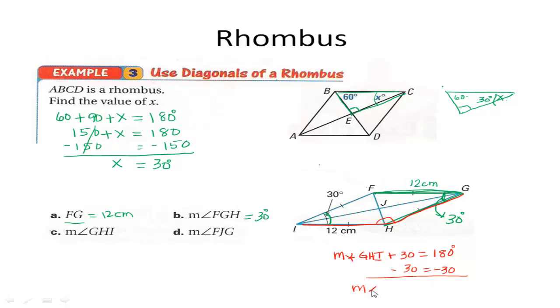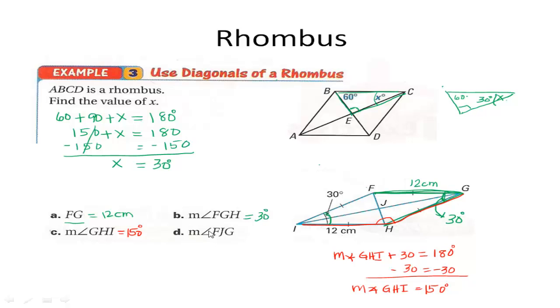So the measure of angle GHI equals 150 degrees. And you could have done this using mental math. If this is 30, you can say, well, 30 plus how much will make 180? Well, 150. 150, not 50. So 180 minus 30 is 150.